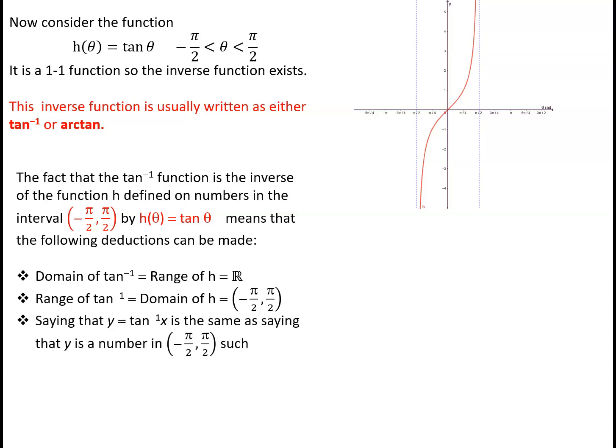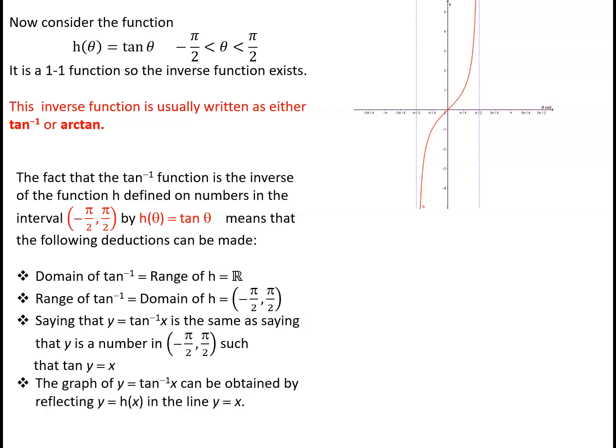To say that y equals the inverse tan of x is the same as saying that y is a number in the interval minus pi by 2 to pi by 2 such that tan y is equal to x.